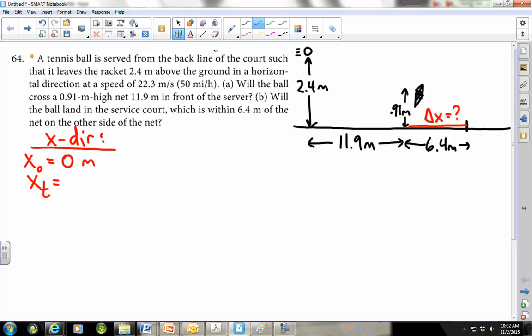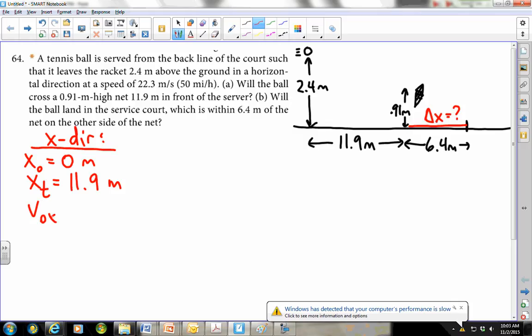So as we figure out how to set the givens here, let's say that it's right above or maybe below the net, but at the x position of the net, we want to know how high above the ground it is. And so we're going to set this x position to 11.9 meters, on top of the net. We know its initial velocity is 22.3 meters per second, all in the x direction because they said horizontal direction. Okay, no angle this time.